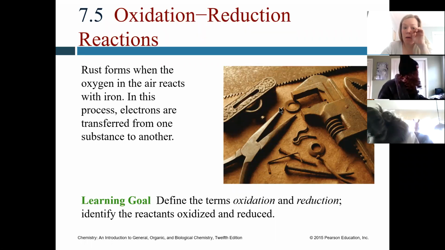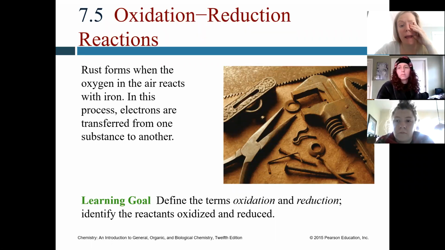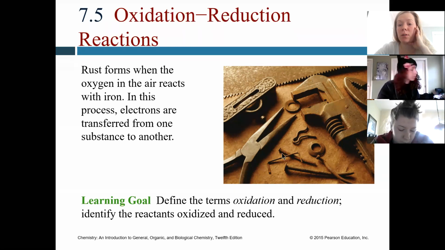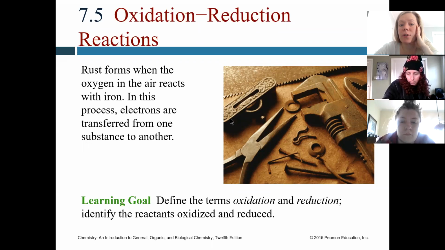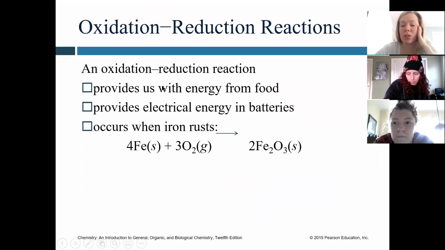Rust forms when oxygen in the air reacts with the iron of the material. An electron is transferred from the metal to the oxygen, and that's what bonds them together. The transferring of electrons is what indicates oxidation or reduction.